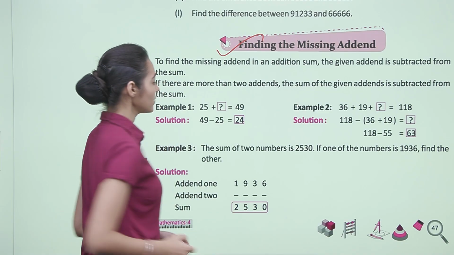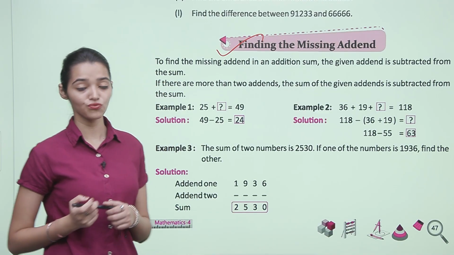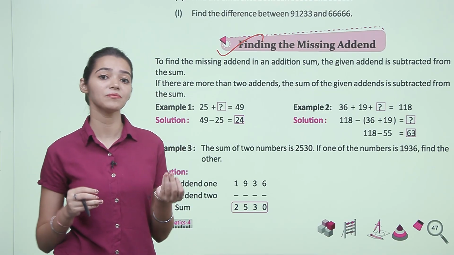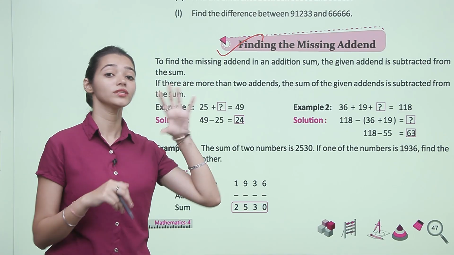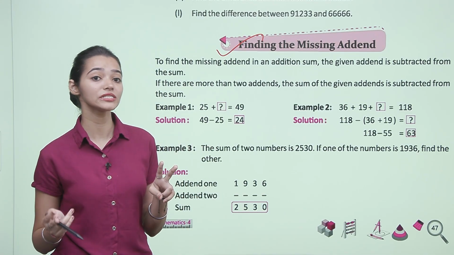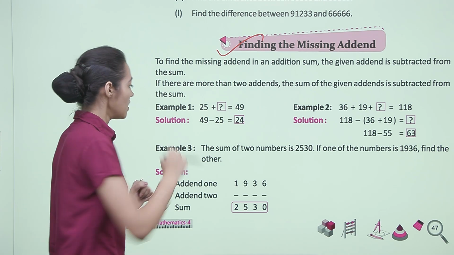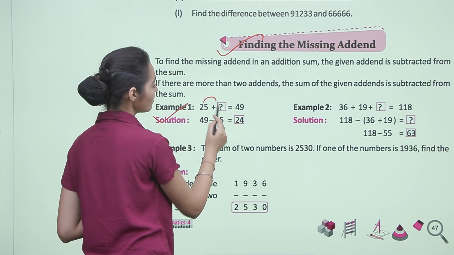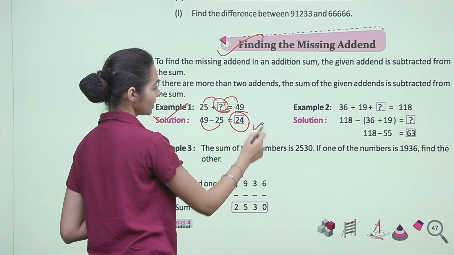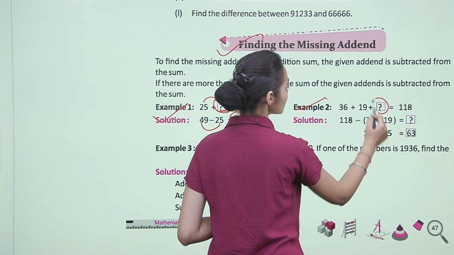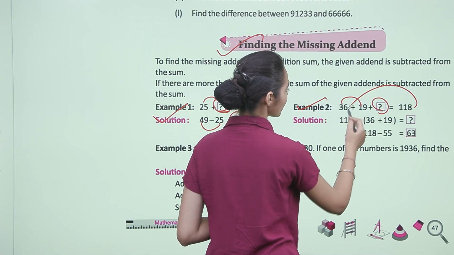Now next one is, we have to find the missing addends. To find the missing addend in addition, the given addend is subtracted from the sum. So if there are more than 2 addends, then the sum of the given 2 is subtracted from that sum. For example, 25 plus how many gives 49? That means we will subtract, it is 24. Again, we have to find which number, so we will add both of them and then subtract it from this.